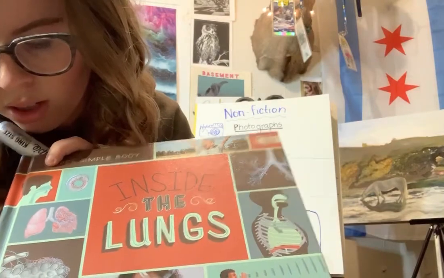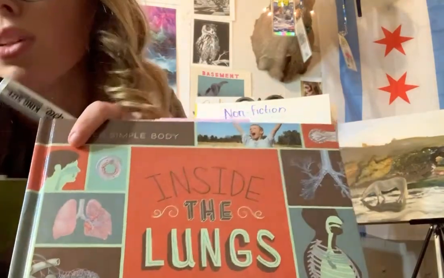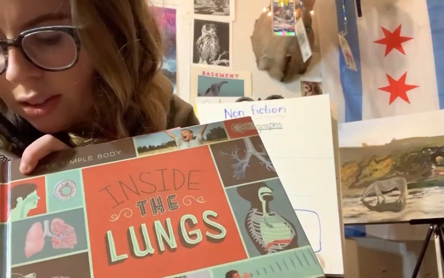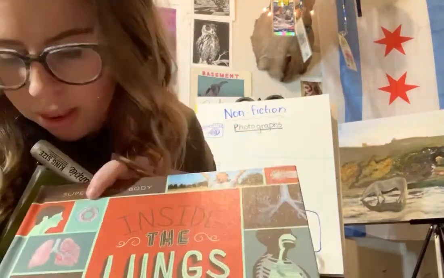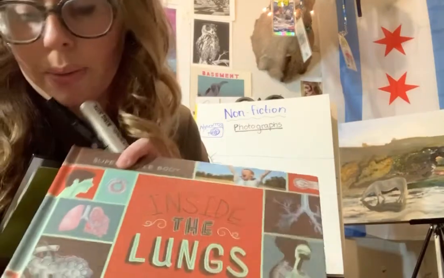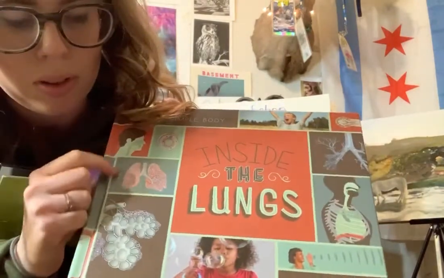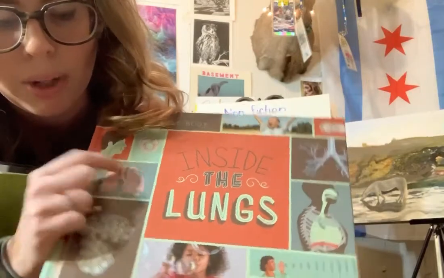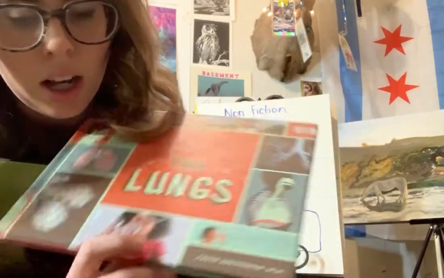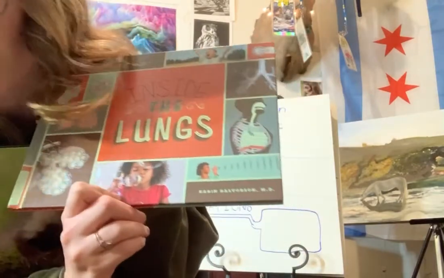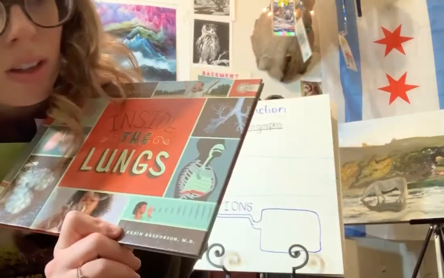However, is that real right there or is that drawn? We can probably guess that that's a drawing. Same thing with that diagram or illustration, I should say. Same thing here. This is supposed to be a pair of lungs, but it's definitely a drawing. Oh, but look at right there. We have a real life girl blowing bubbles.